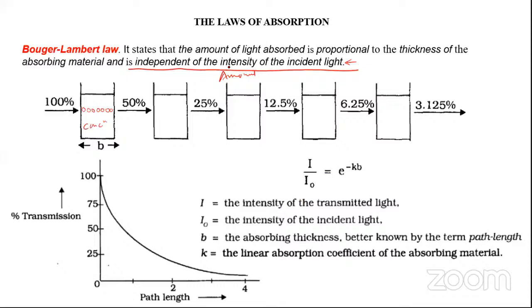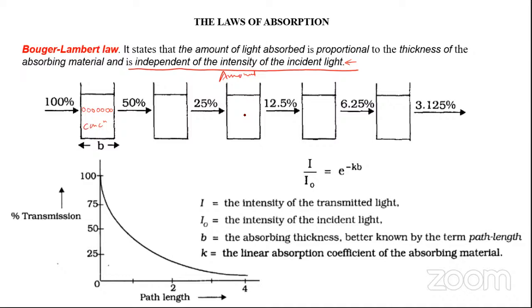You agree with me or not? Correct? So when I say it is independent of the intensity of incident light, what am I trying to imply? That the amount of light doesn't matter in the extent of absorption, right?